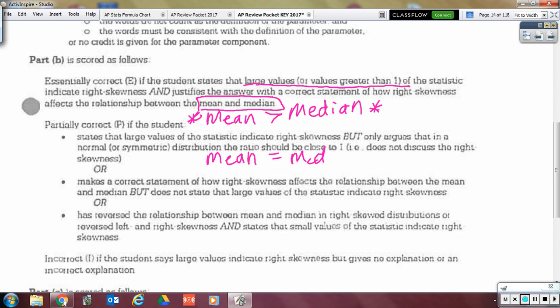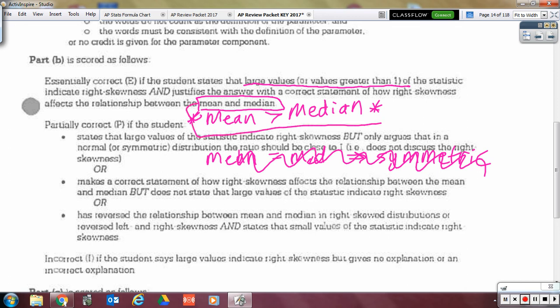Okay, well, that's a no-go. How do you connect that it needs to be a large number because if the mean equals the median, it's symmetric? That basically gave you no credit for the relationship between mean and median, because symmetry is one thing, but I need to know that this is the reason that they need to be larger than 1. Okay, all right, so give yourself your points on that.